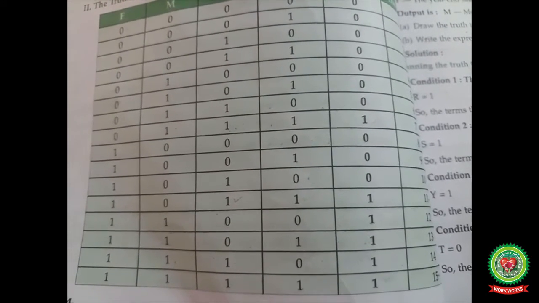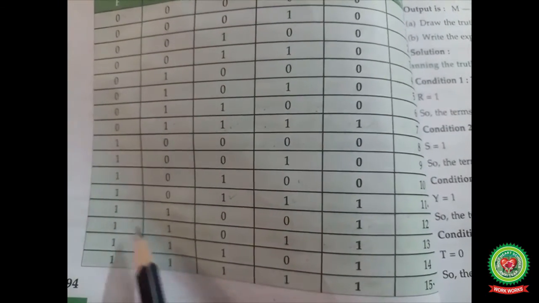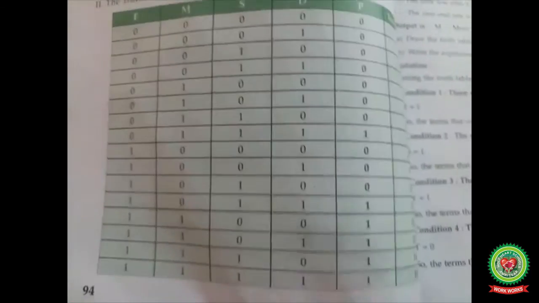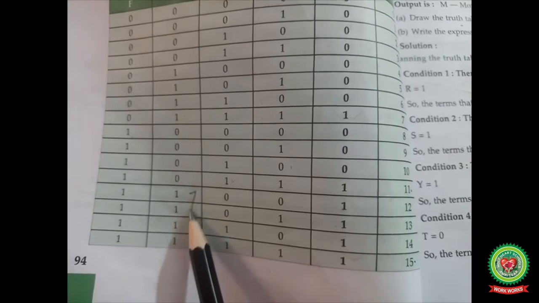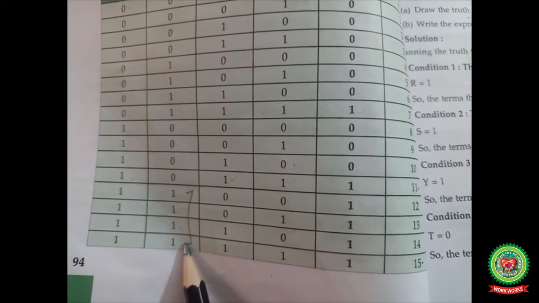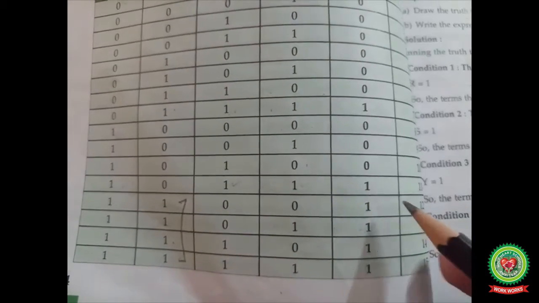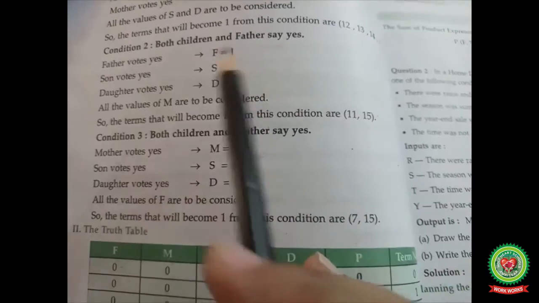So in our truth table, we can see F is 1, M is 1 in these rows. So these are the 4 rows in which the first condition is satisfied. So accordingly, we plot 1 in the output column.